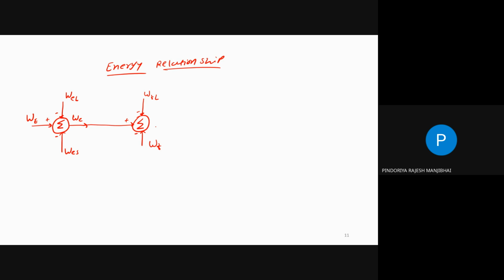And here there is a mechanical output. And again there is a summation. We have mechanical losses, W mechanical losses, minus mechanical storage, and finally mechanical energy, Wm.